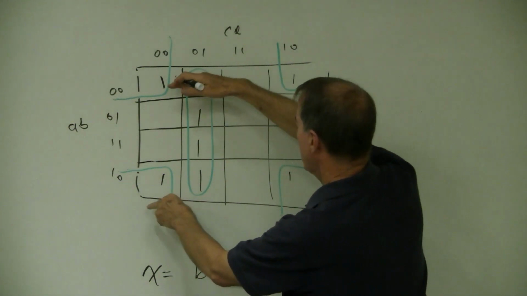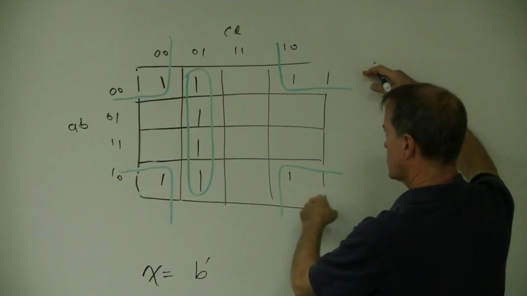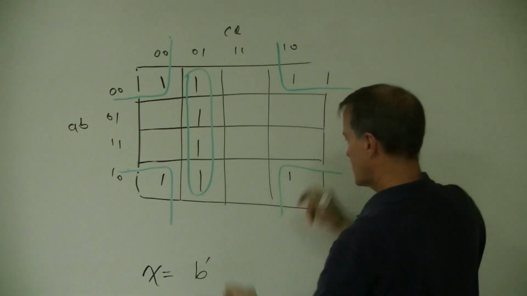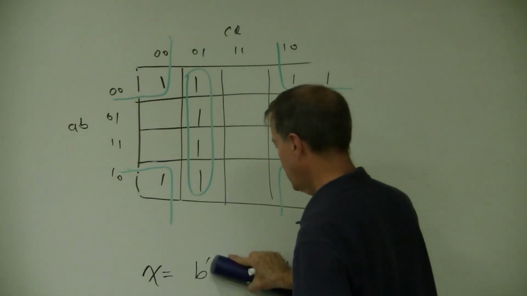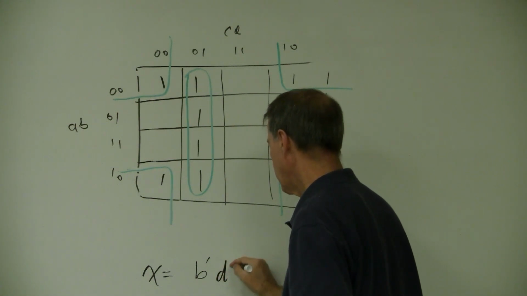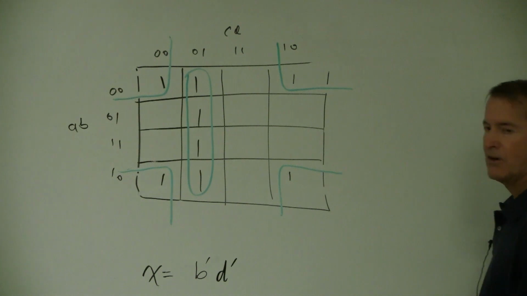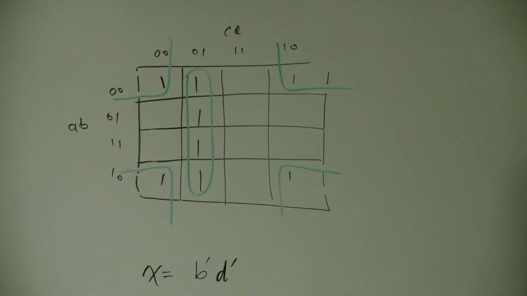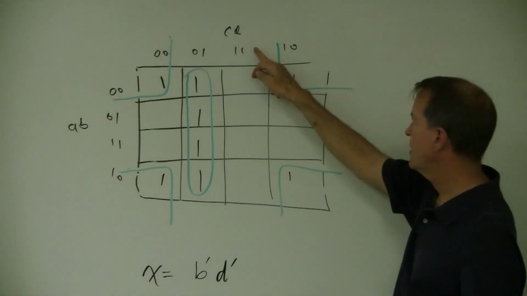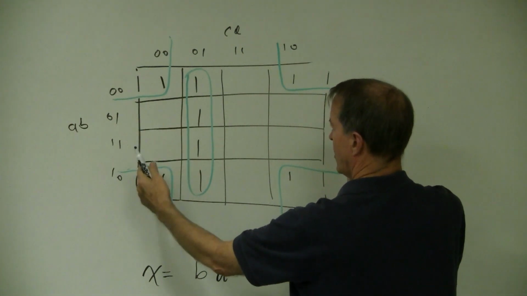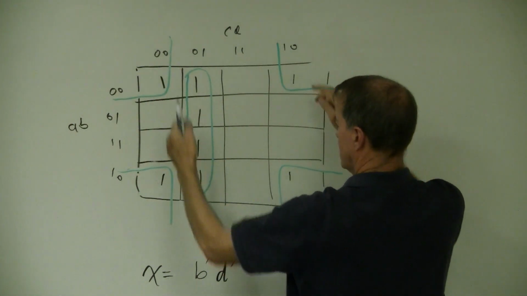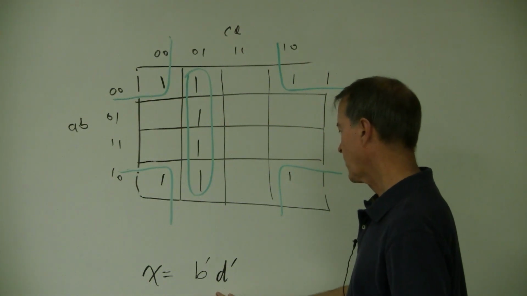If it was just B prime, it would be these whole two rows. So it's B prime, D prime. Is everybody clear on that? Does everybody see how that works? Because the two outer columns are where D is 0. So that's B prime, D prime.